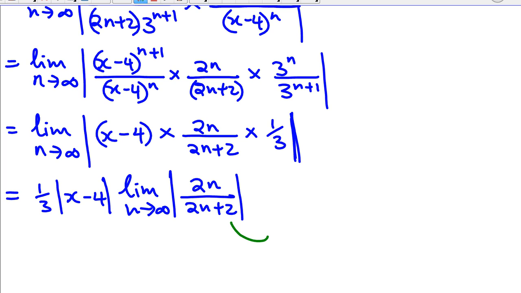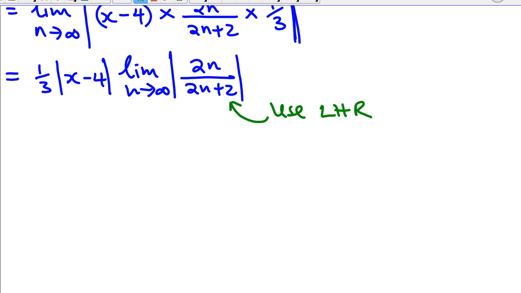Now here you can use L'Hopital's rule. This will be equal to, it's easier to write below here, a third absolute value of x minus 4, and the limit of this will be equal to 1.